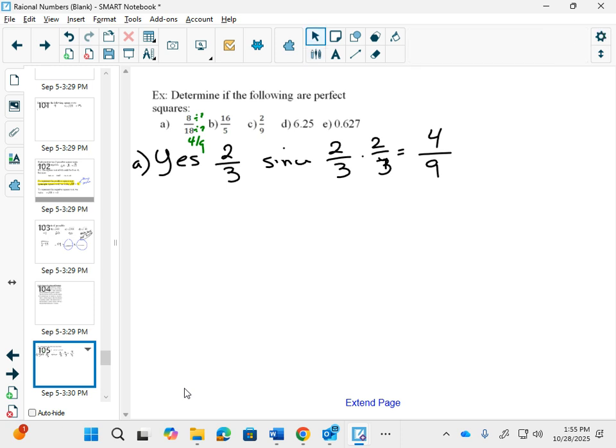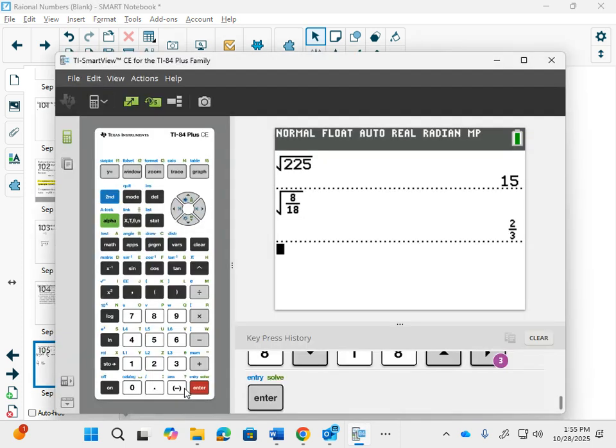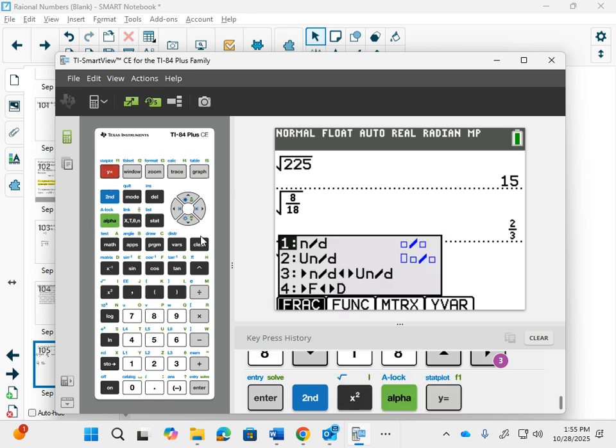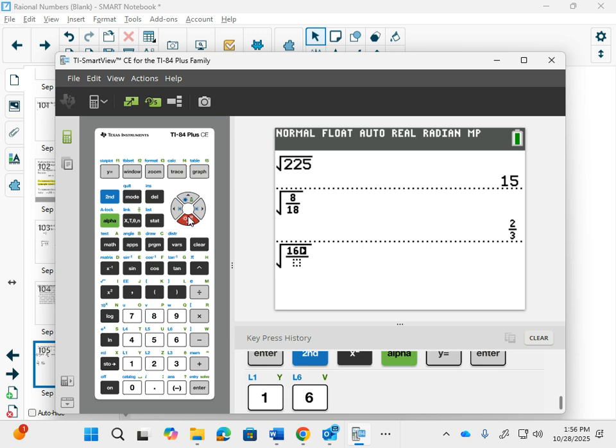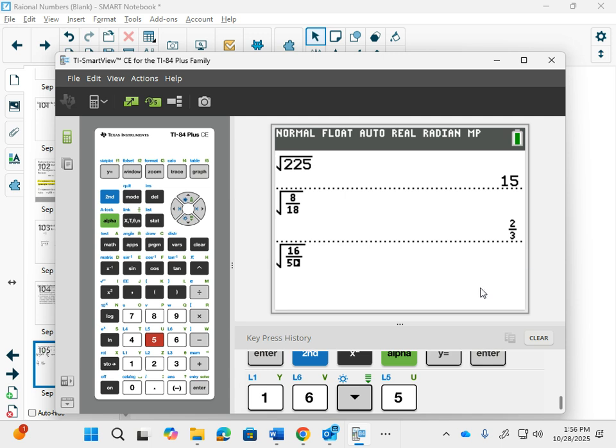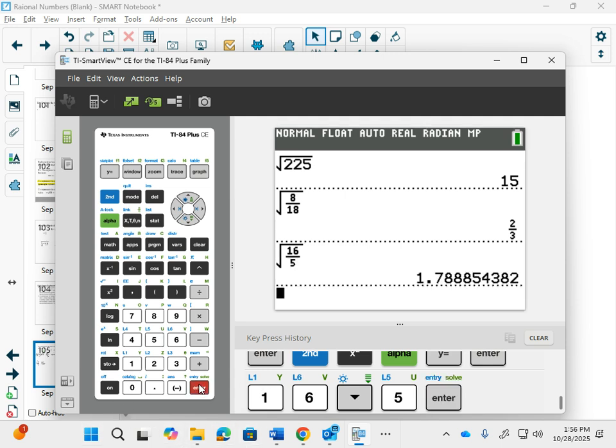What about B? 16 over 5. It's already reduced. Hey, you get the right idea. This one is no. If I do this on my calculator, if it is nice, it'll come up with a nice number. If it is not nice, it'll give you a decimal that keeps on going.